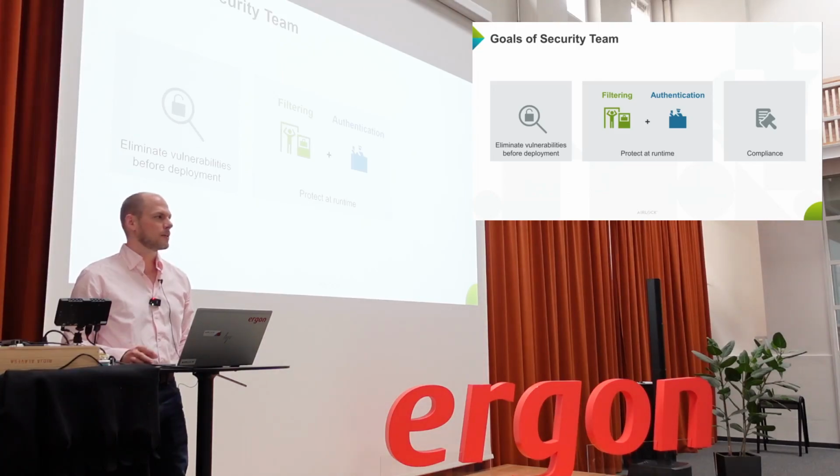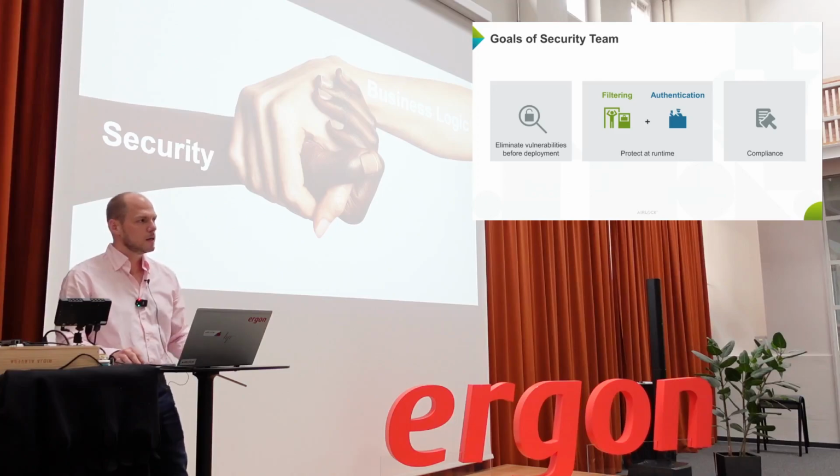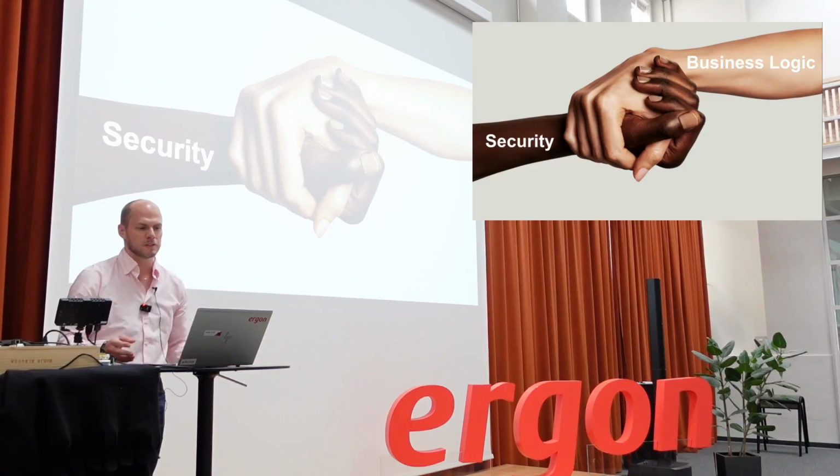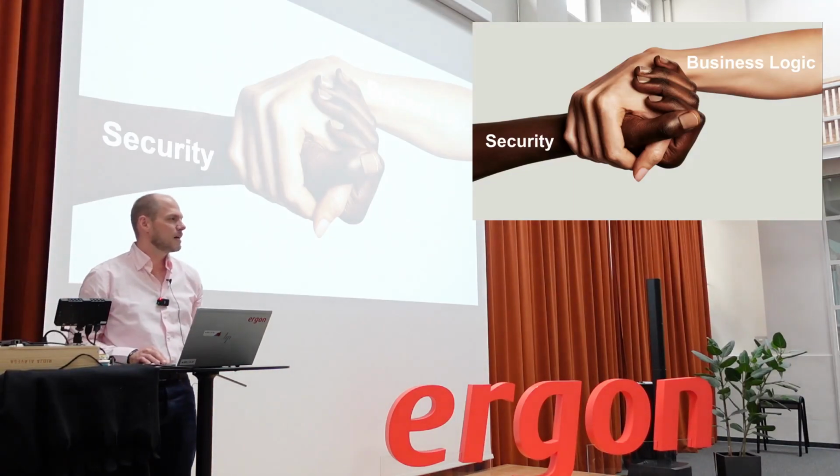You want to have authentication in place, and there might also be good reasons to have some kind of tool in place because of regulatory requirements. But you are not building applications just because of security. You are building applications because you have a use case, you want to sell something, but it should be secure. To get the best out of it, the business logic and security should fit hand in hand.